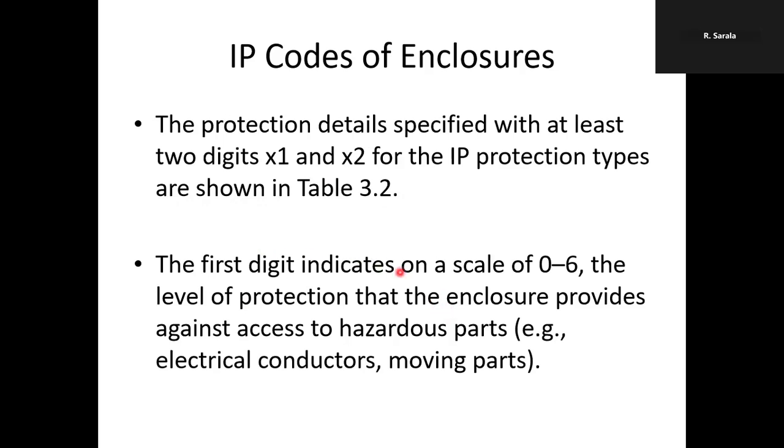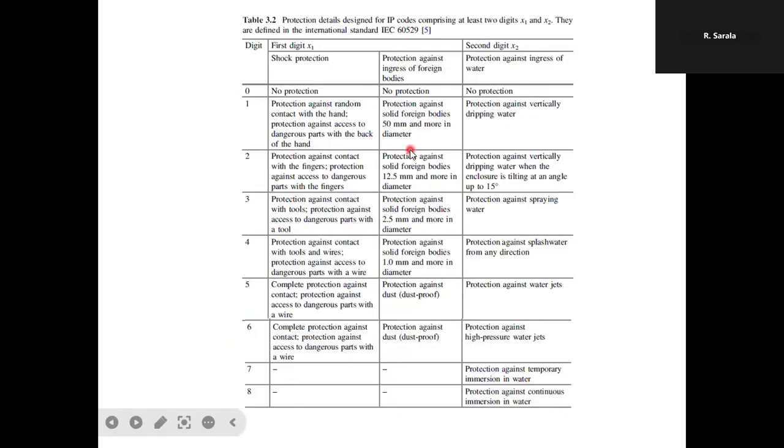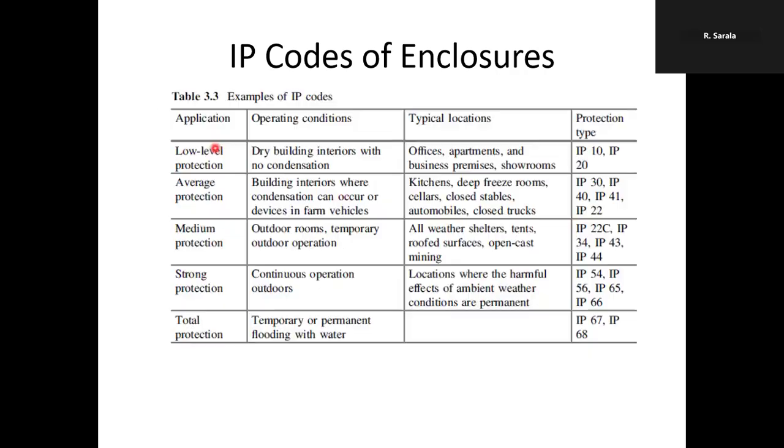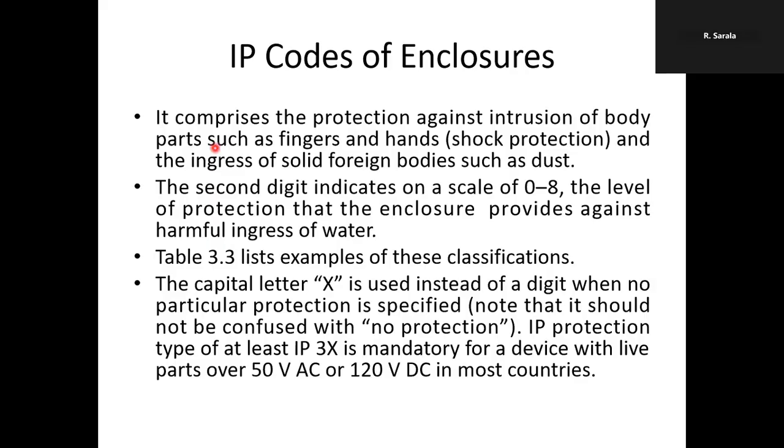In the first digit, the scale is 0 to 6, the level of protection that the enclosure provides against access to hazardous parts, that is, electrical conductors and moving parts. This table will give you some information regarding these IP codes and enclosures.